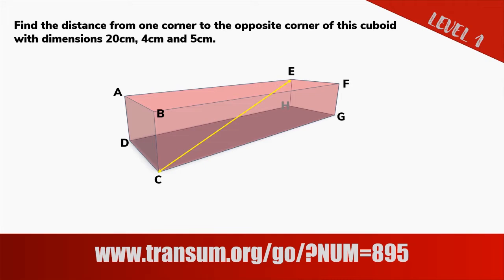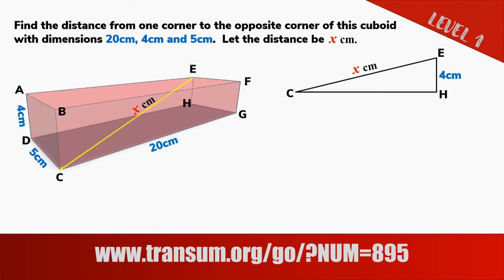And I'm going to draw in as best I can with that yellow line the diagonal from one corner to the opposite corner within that cuboid. Okay, just as before, we draw a two-dimensional right angle triangle that contains the length that we're trying to find.